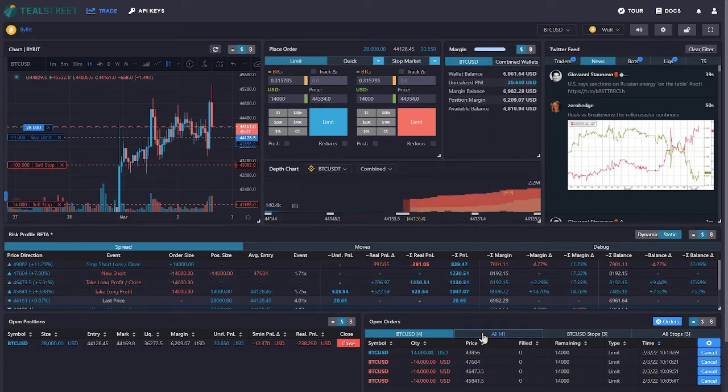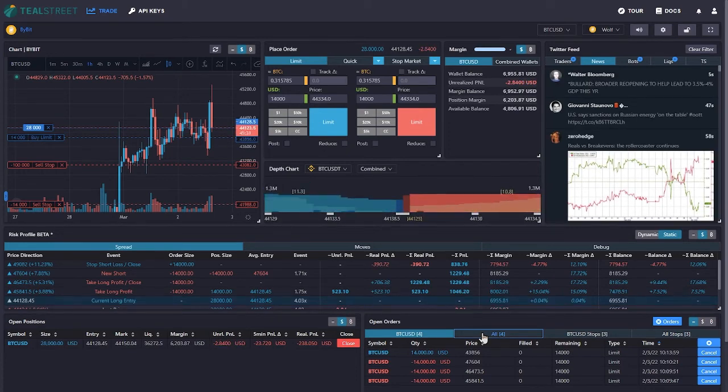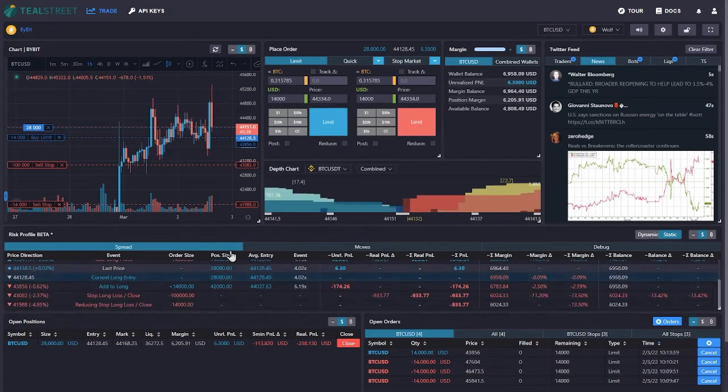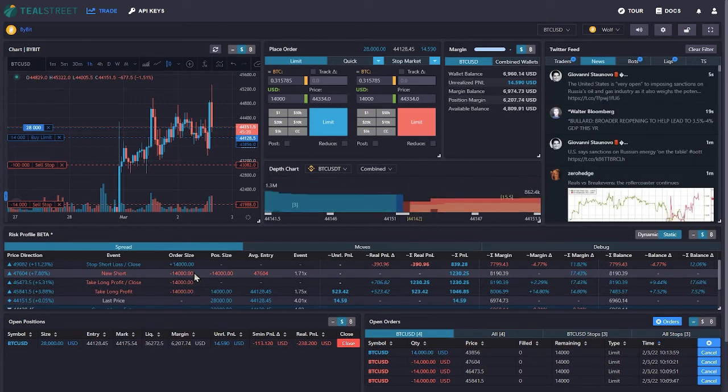So there you have it. Simply, what the risk profile does is give you an estimate based on what happens if price goes up or if price goes down. It doesn't tell you how to trade, but it does tell you the P&L and the balance effects of the trade and your trade idea and your orders on the chart.